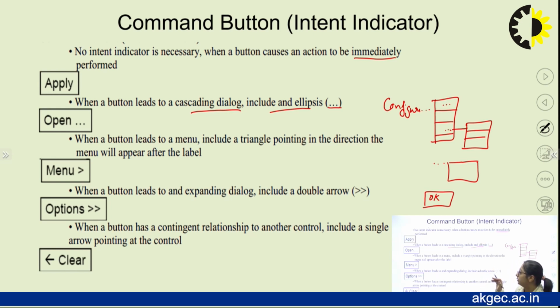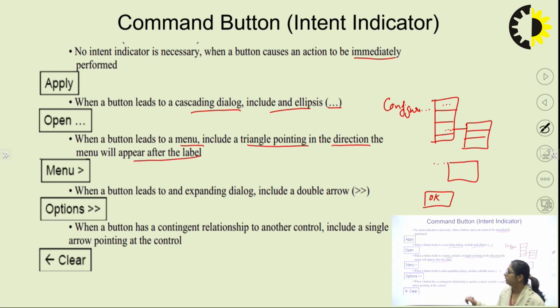Okay, this ellipses shows the cascading dialog box. Next is open. So, when a button leads to a menu, a menu contains more than one button. So, it will always contain the ellipses, and a triangle pointing in the direction of the menu will appear after the label.